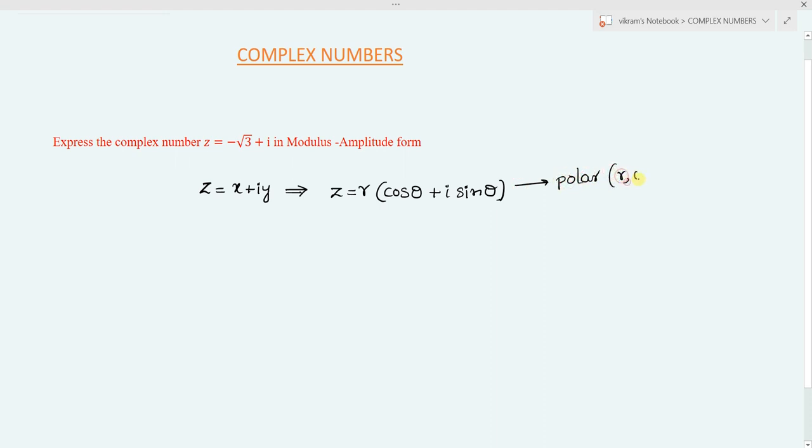Polar form means representing it as a point of the form r comma theta.